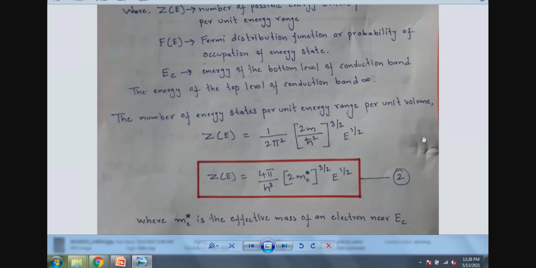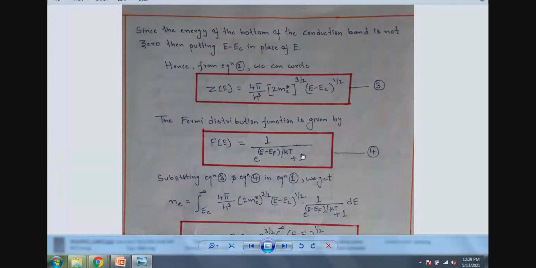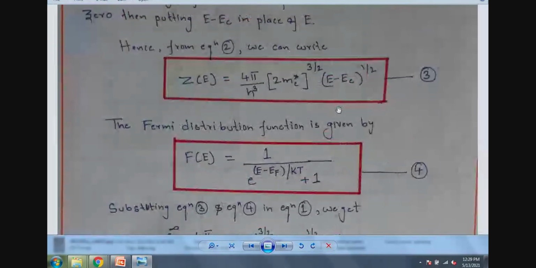Now let us find the F of E. There is a condition here: since the energy of the bottom of the conduction band is not zero, we put E minus EC in place of E. In equation 2, instead of E to the power of 1 by 2, you put E minus EC to the power of 1 by 2. You make it equation 3.